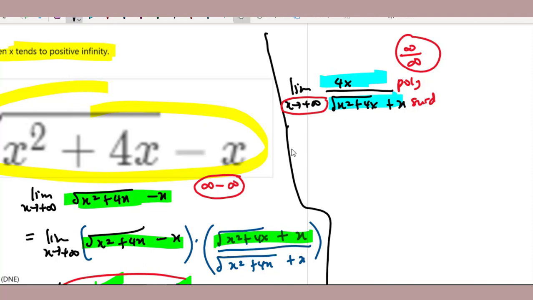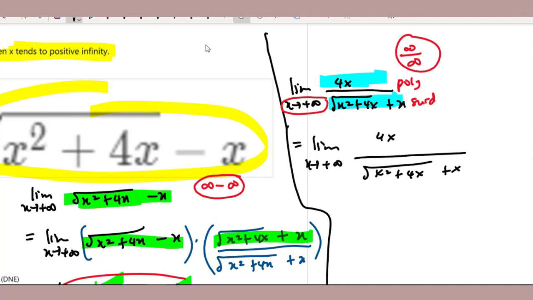Go to the limit of 4x over the square root of x squared plus 4x plus x as x approaches positive infinity. Divide by x for the polynomial, and by the square root of x squared, which is positive. Why? Because x is positive.